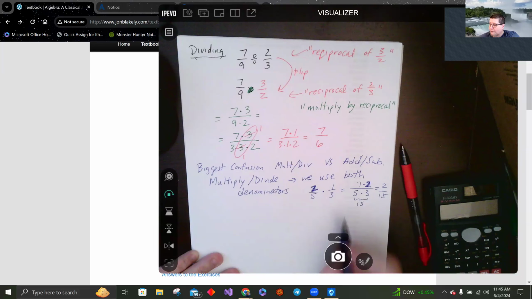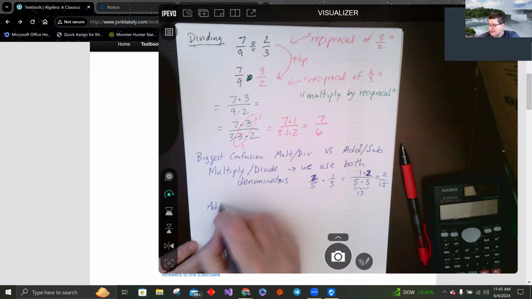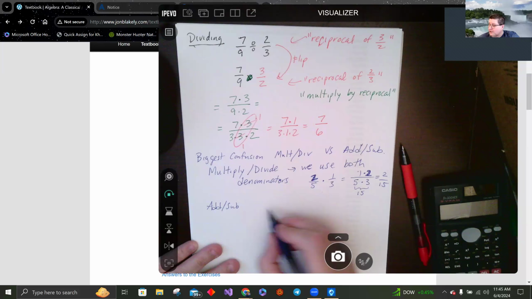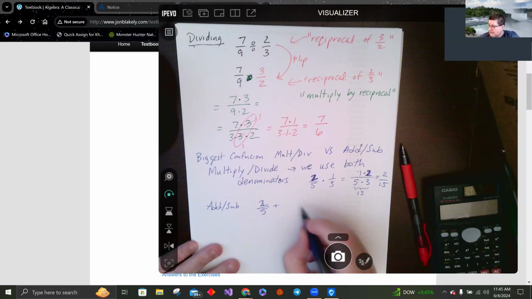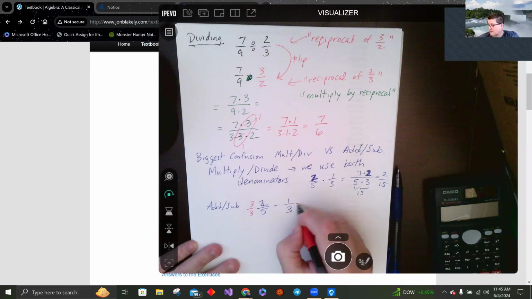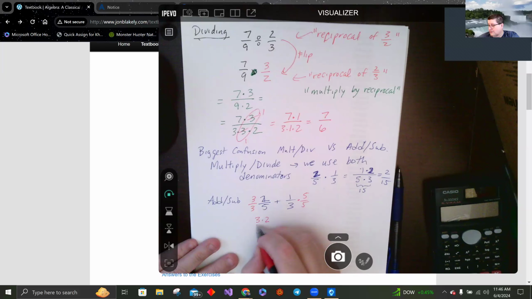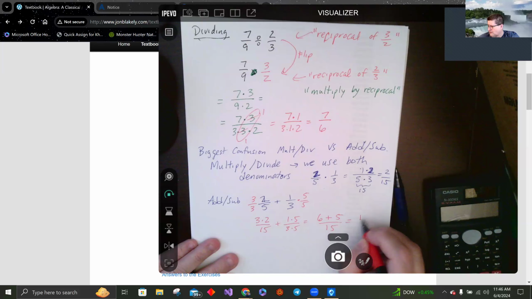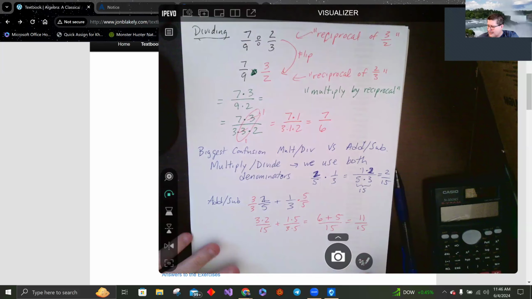Both numbers were involved. When I add or subtract, and we have common denominators, if I add 2/5 plus 1/3, I multiply each by the other denominator. Maybe I shouldn't have done that as the example. Bad example.